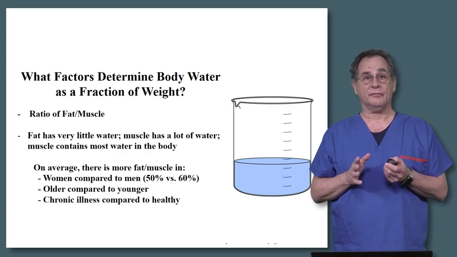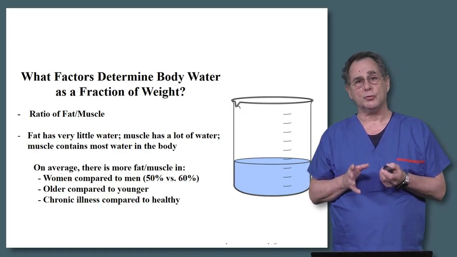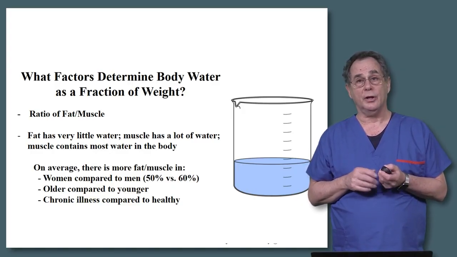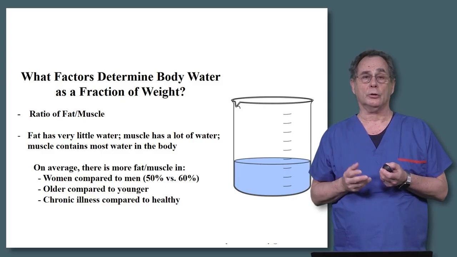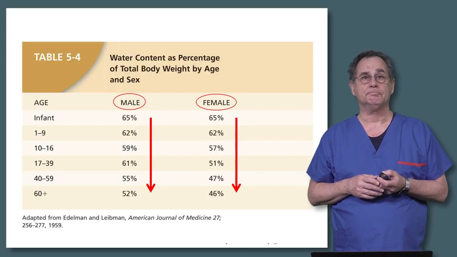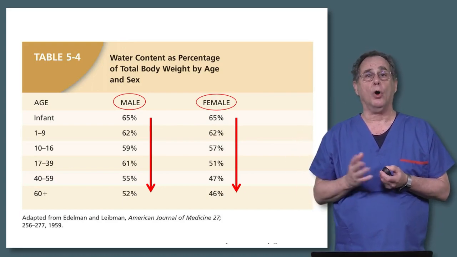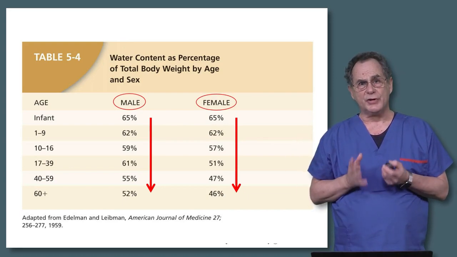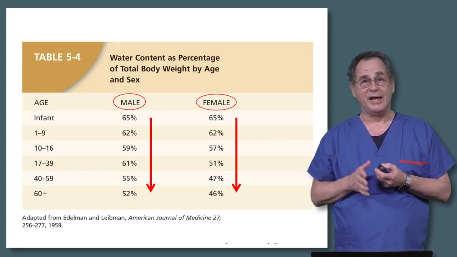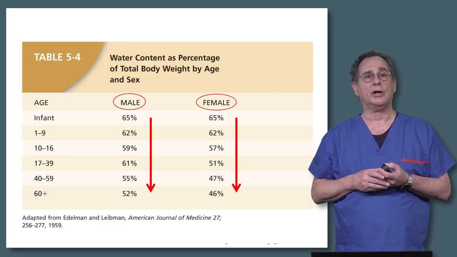So although we think of these figures as 50% in women, 60% in men, there are a number of other influences related to age and health that impact the amount of water that is a fraction of our total body weight. So this table here, taken from your textbook, shows water content as a percentage of total body weight by age and sex, two of the most important determinants of total body water.